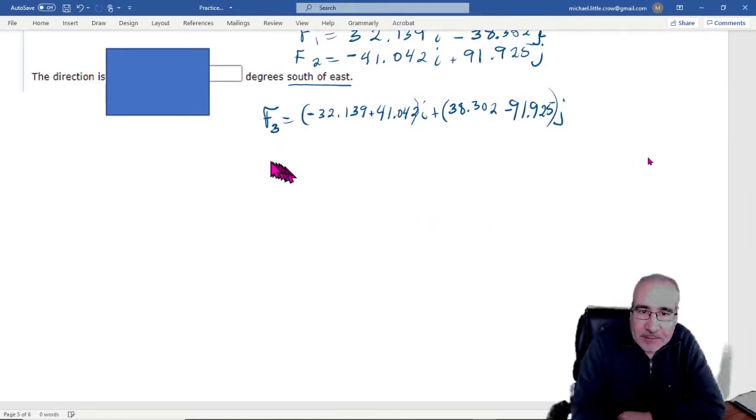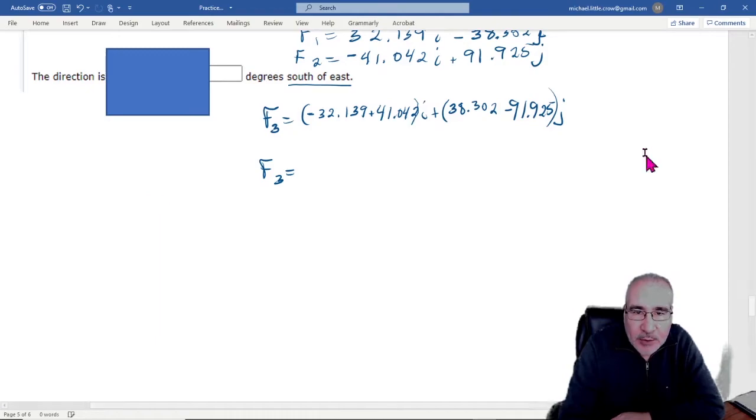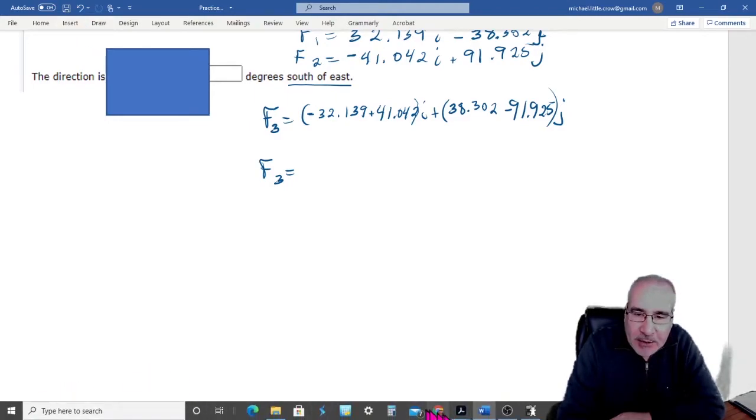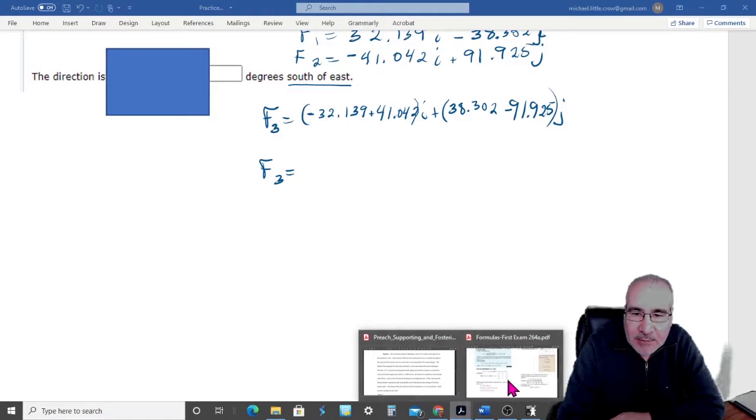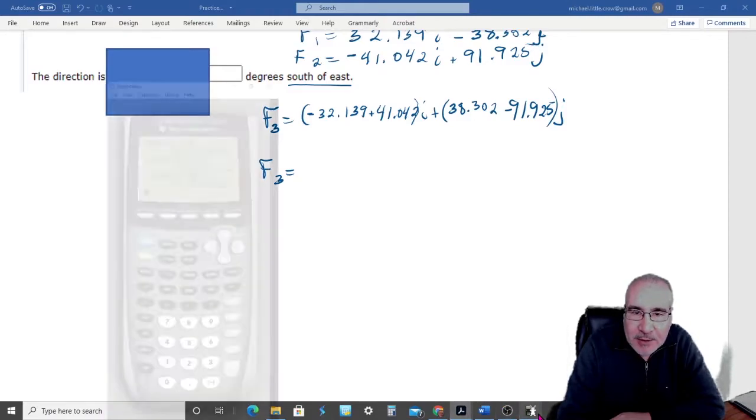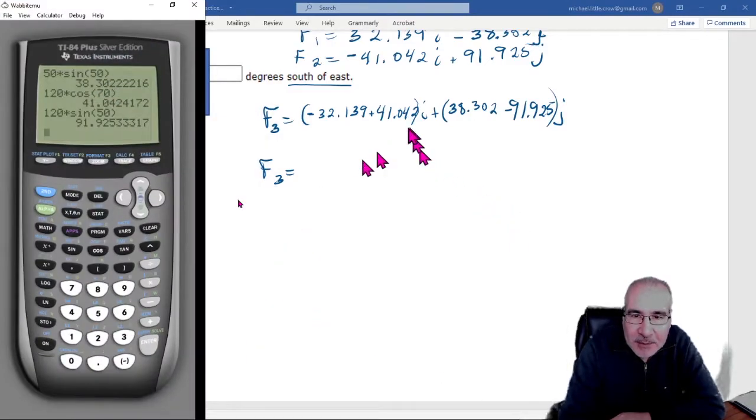So let's actually do the arithmetic. Now this answer is not what we're going to report, right? Because we're going to report the magnitude. What am I looking for? Calculator. I could do the addition in my head, I guess, but let's go ahead and do it this way.